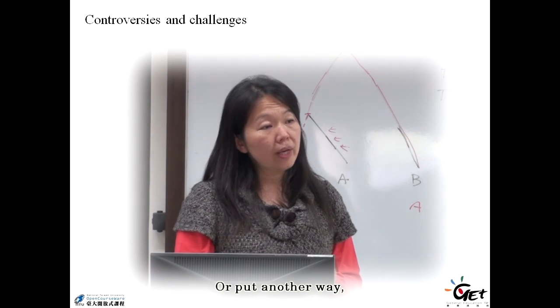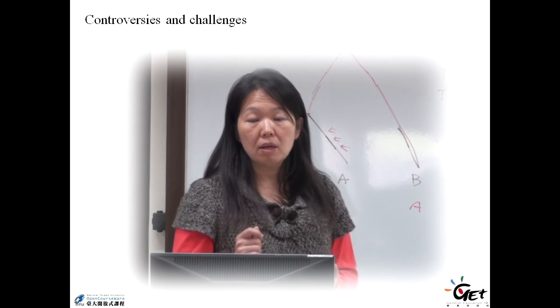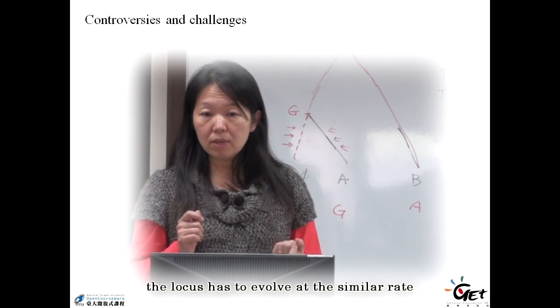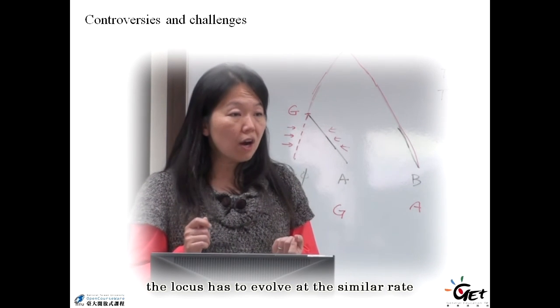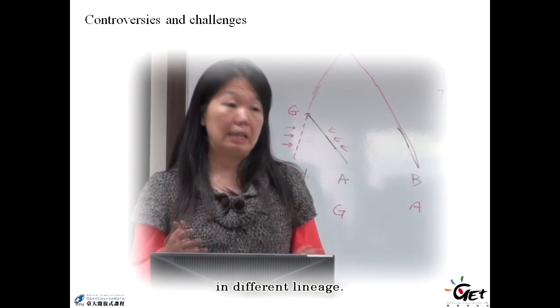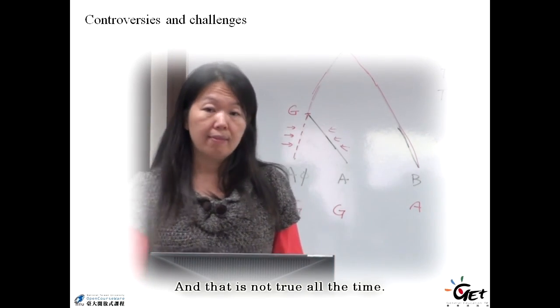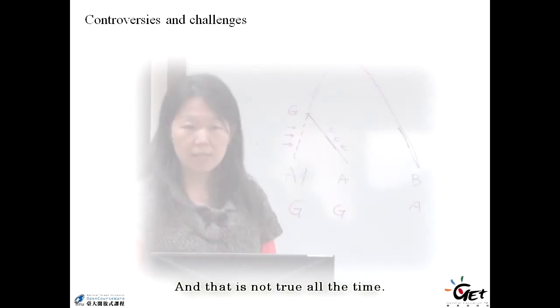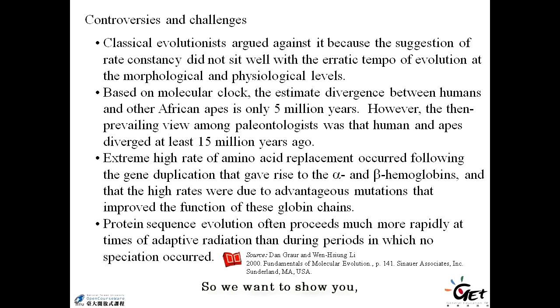Put another way, the locus has to evolve at a similar rate in different lineages, and that is not true all the time. So before we really do that, can we test it? Can we really test whether the gene evolved at a constant rate?